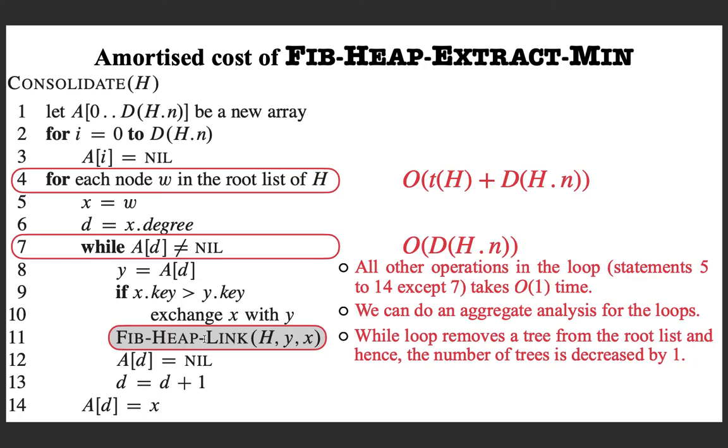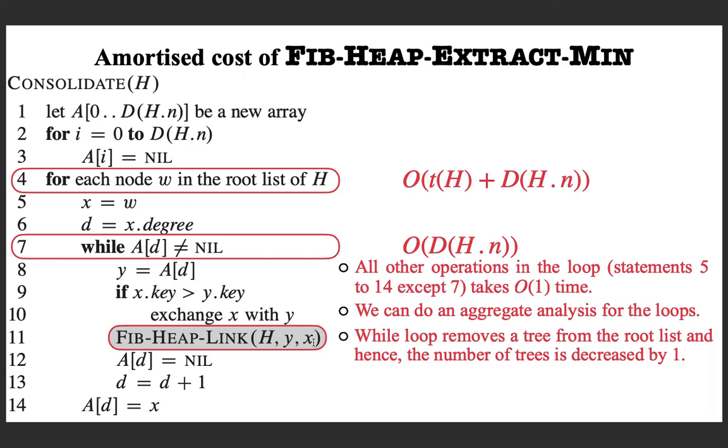Hence, if the while loop is executed k times, then the total number of trees to be considered is decreased by k. I hope you are getting it. Because within the while loop, at statement 11, this process removes the tree rooted at y from the root list and adds it as a subtree for x.